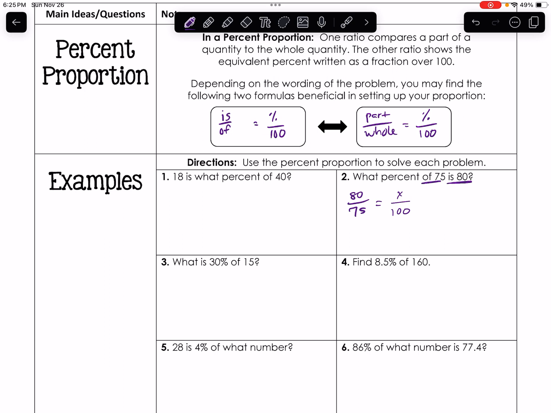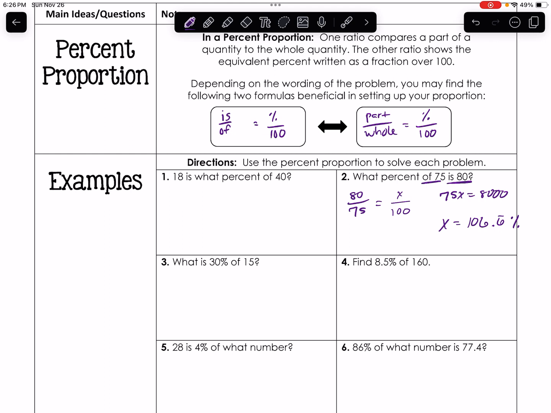Okay. So again, cross multiply and divide. X equals 106.666 repeating. Okay. And it's a percent, so I would like to see a percent sign.